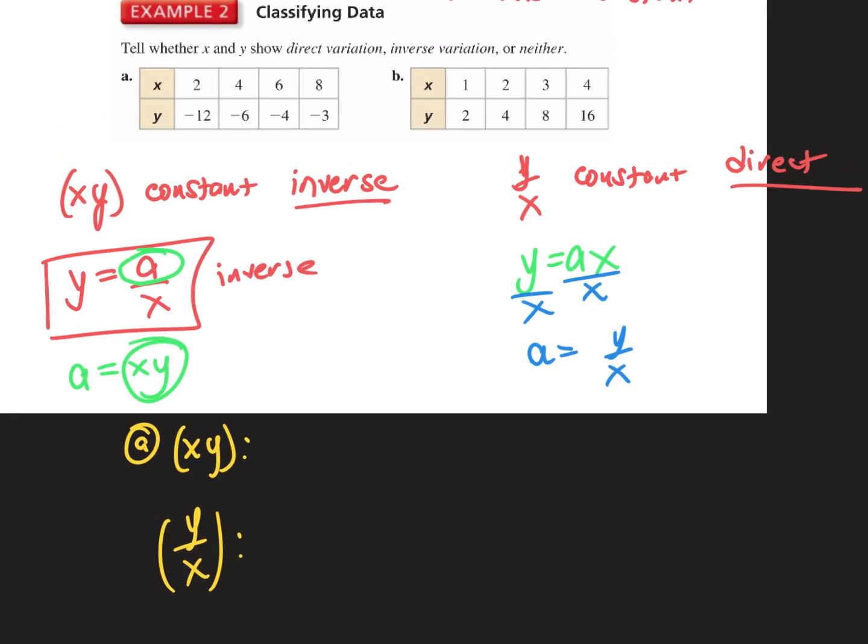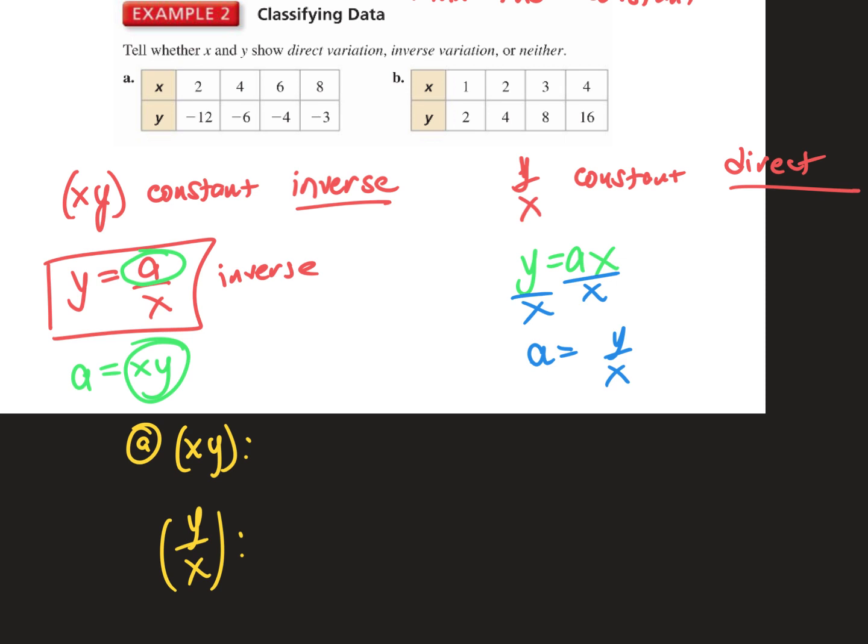So when you multiply letter A, what's 2 times negative 12? Negative 24. What's 4 times negative 6? Negative 24. What's 6 times negative 4? Negative 24. What's 8 times negative 3? Negative 24. Do you get the same thing every time? Okay.